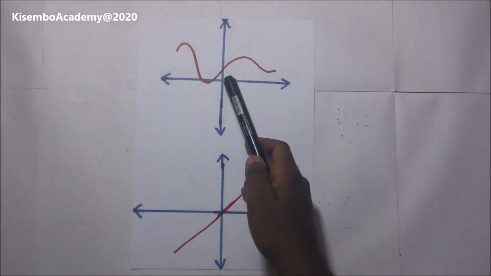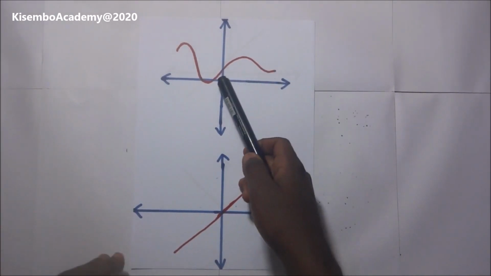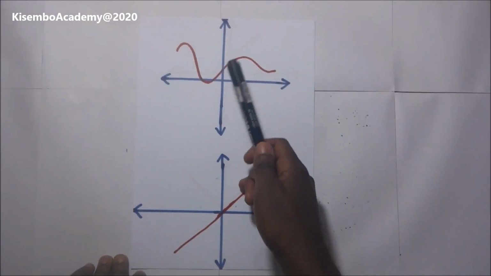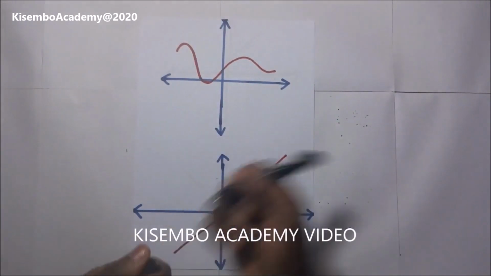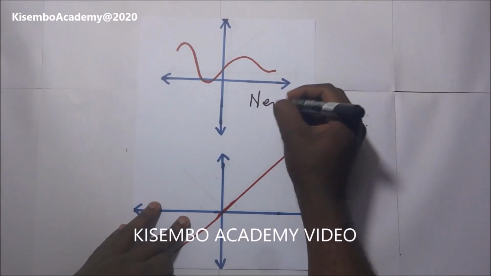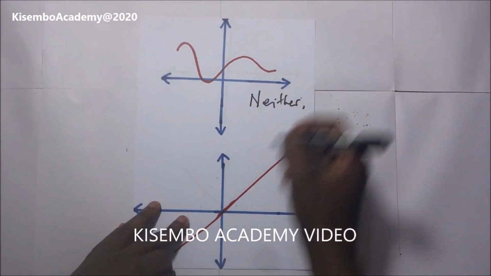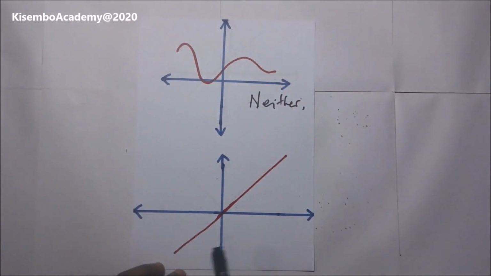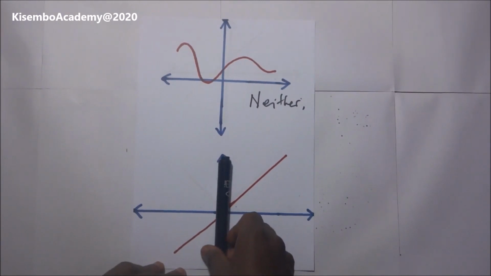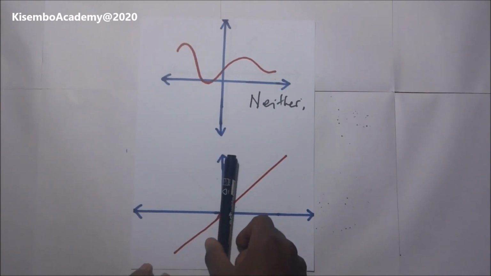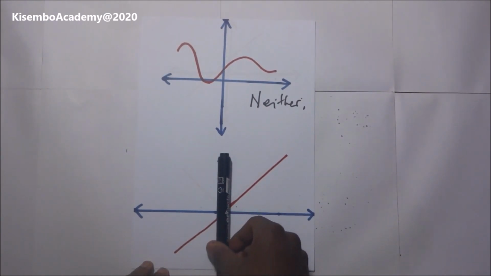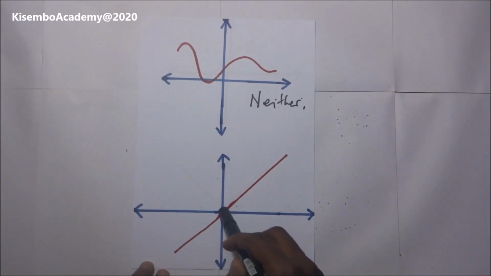This one right here is having no rotational symmetry, and it is not symmetrical about the y-axis. So this one is neither odd nor even. This one right here, it's not symmetrical about the y-axis, meaning the y-axis is not dividing it into two, but it's having a rotational symmetry about the origin.